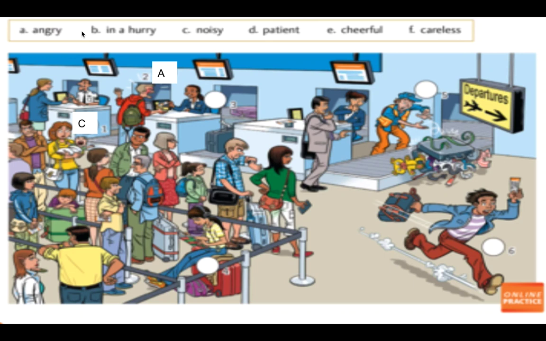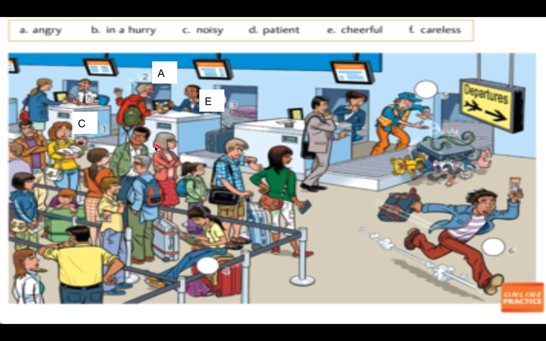Maybe he wanted to sit in first class, but he's not allowed. So he's very angry. And who is he shouting at? He's shouting at the desk clerk, the check-in desk clerk. She doesn't look angry. He's shouting at her, but she is smiling. She's very cheerful. Some people are always cheerful.